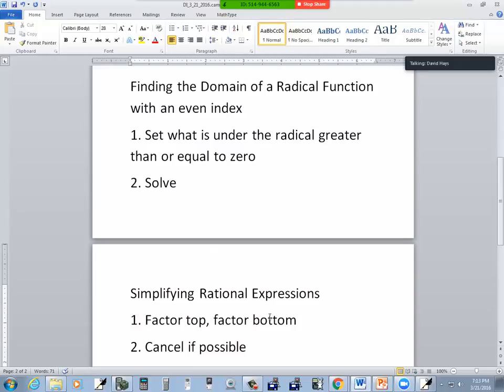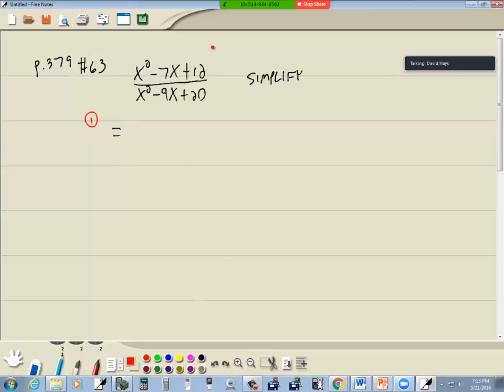Well, step 1, factor the top, factor the bottom. Both of these factor using the PSD. The top part factors as x minus 3 times x minus 4. And the bottom part factors as x minus 4 times x minus 5.